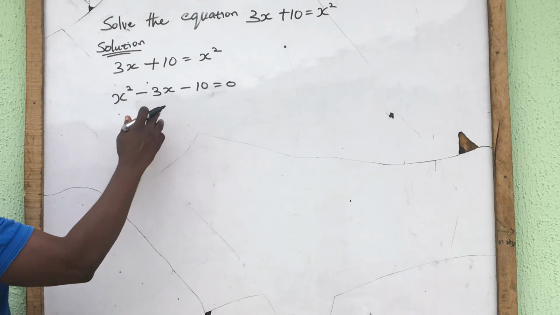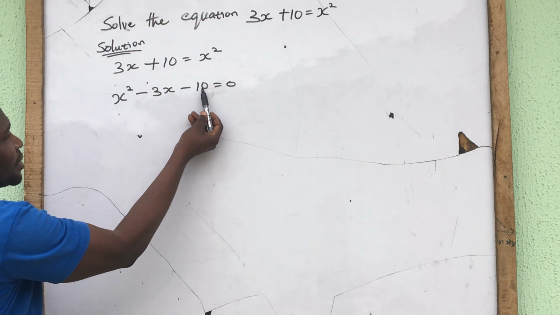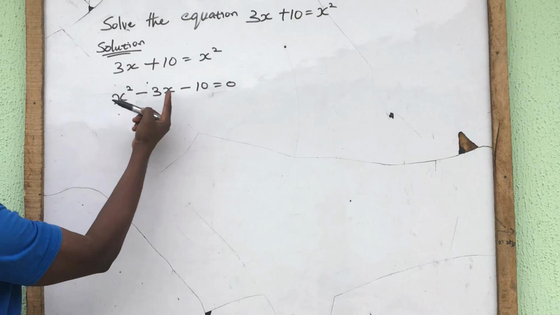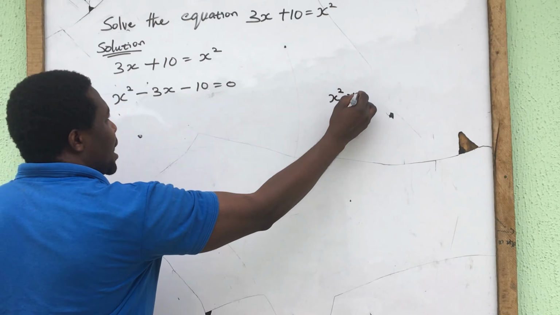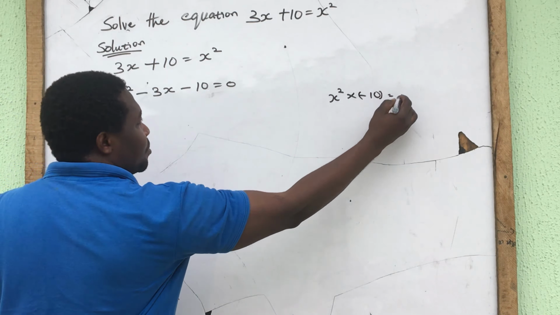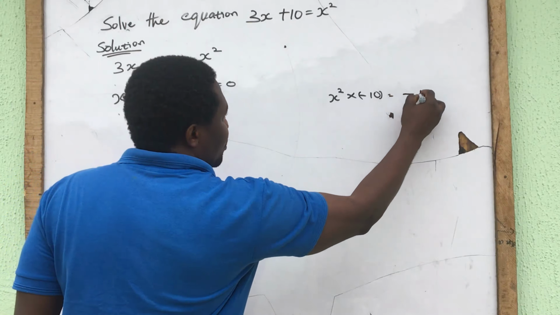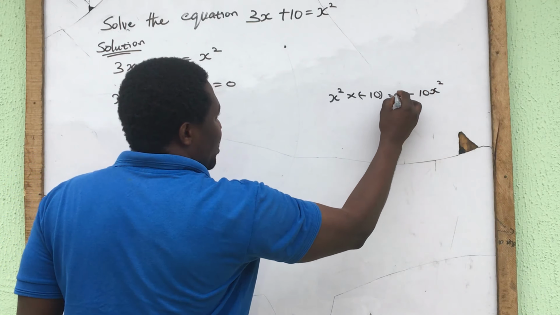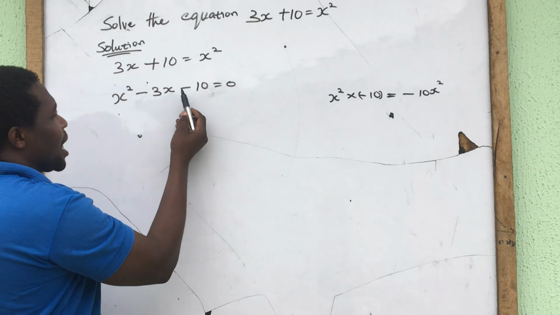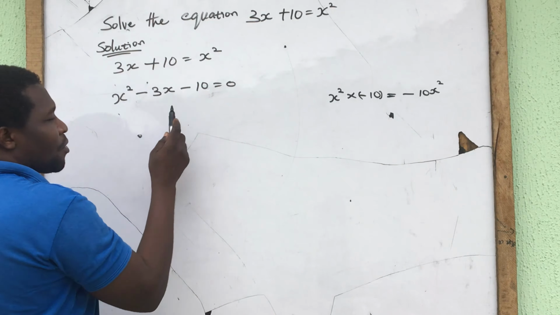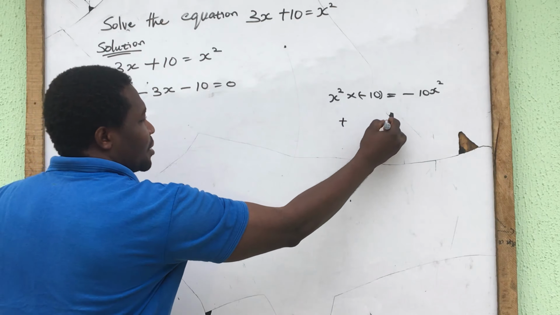So can you see it factorizes now? When you look at this, this is 10, this is 1. 1 times 10. So that means x squared times minus 10 gives me minus 10 x squared. And this is minus. That means we are going to have separate signs for the factors, plus and minus.